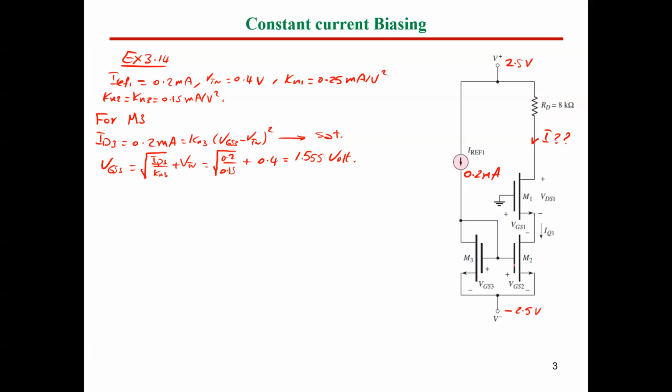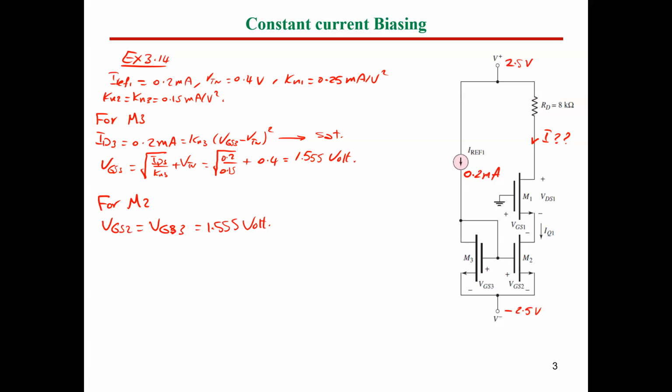As you can see from this circuit, you have transistors M2 and M3, and VGS2 and VGS3 are equal. So for MOSFET M2, we can say VGS2 equals VGS3, which is 1.555 volt.